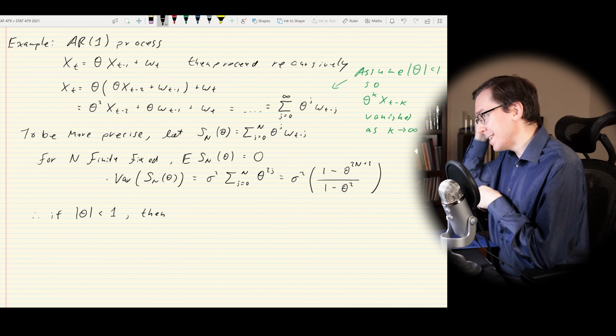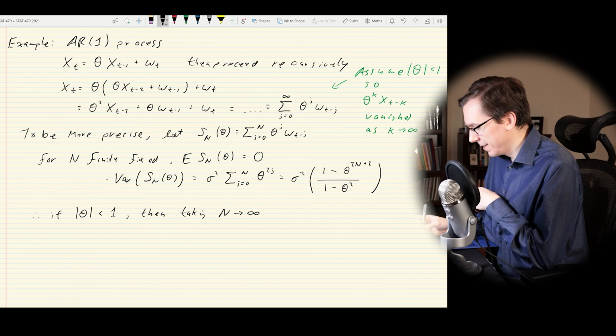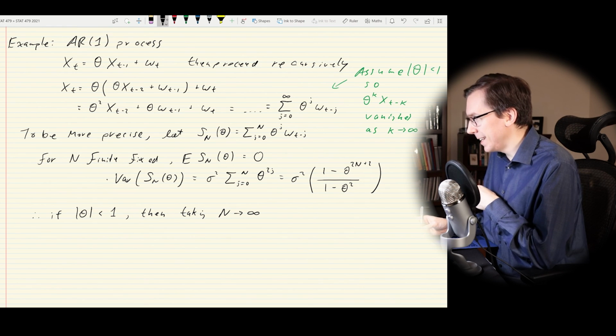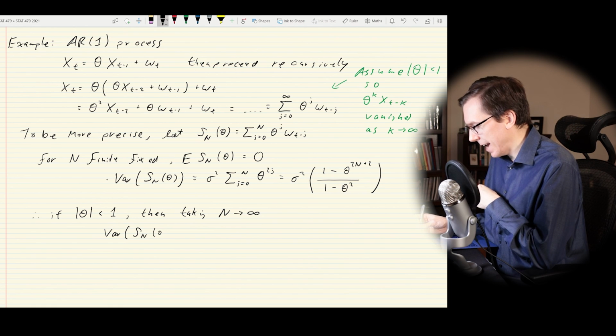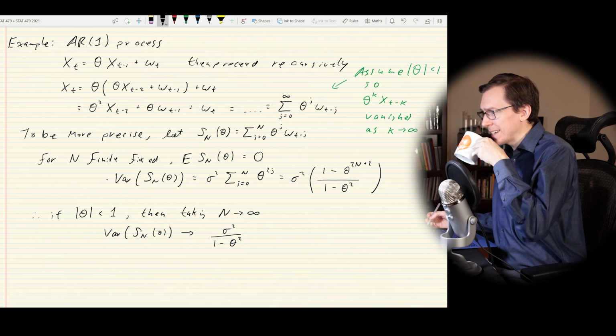Taking n to infinity, we get that the variance of S_n(theta) will tend to be sigma squared divided by 1 minus theta squared. Excellent.